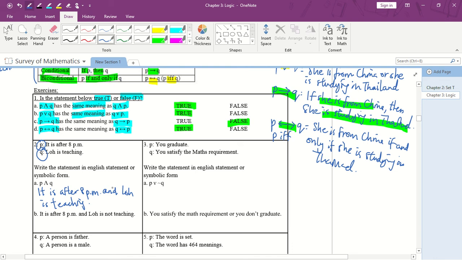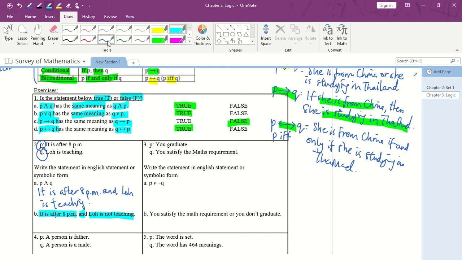Okay, and the next one. It is after 8 p.m. Okay, so look at here. It is after 8 p.m. and, using the symbolic sign of and, Law is, there's something extra here, not teaching.